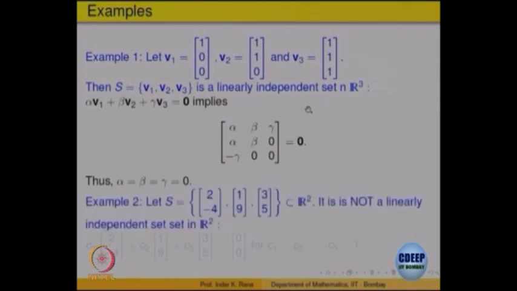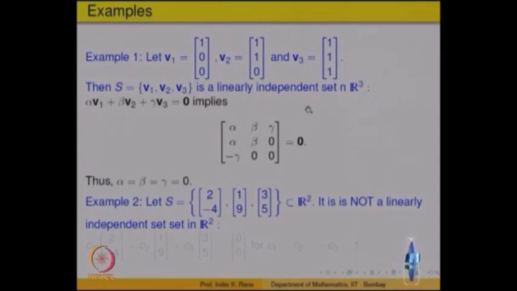Let S be a set of 3 vectors. The first vector is (2, -4), second is (1, 9), and third is (3, 5). This is a subset of R2. Each vector has 2 components, and we have 3 vectors. We want to know whether they are independent or not.